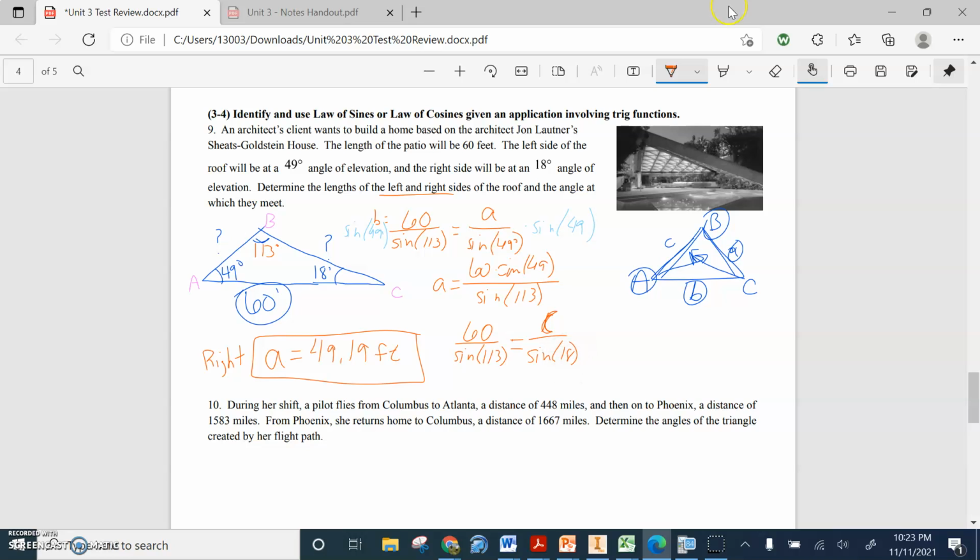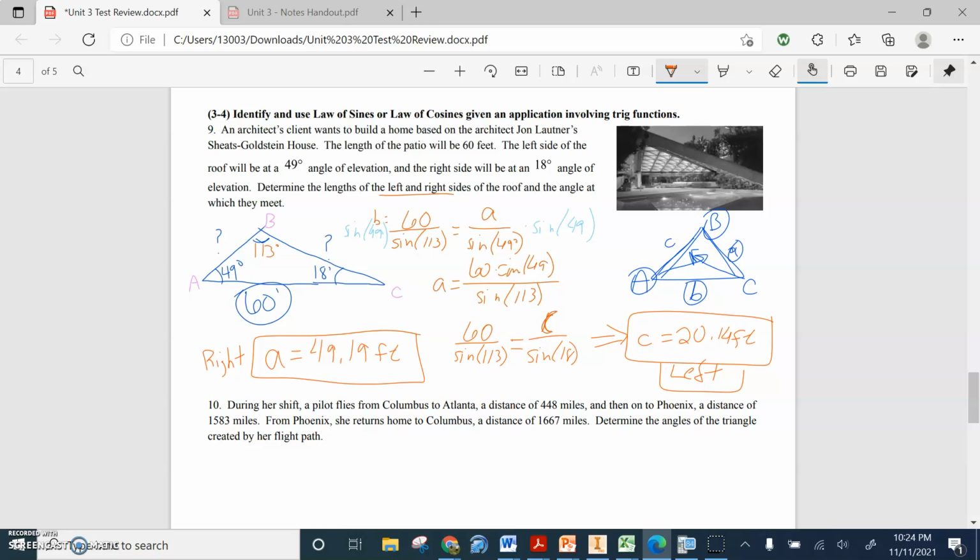So the same process, instead of sine of 49, we're going to take 60 times sine of 18 degrees and then divide by sine of 113. If you get that correctly, we say C is equal to 20.14. And again, I'm going to label that as left side.